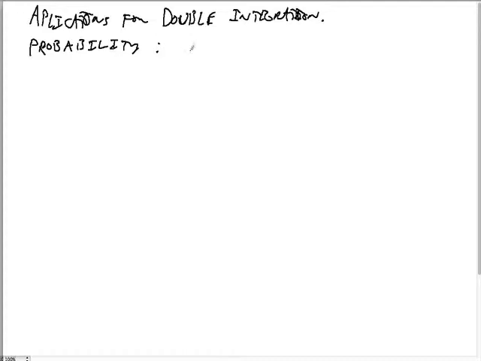So recall, for 1D, we can think of a probability density function, p of x, as being some function. P of x is a probability density, and we're going to think of this as lowercase p.